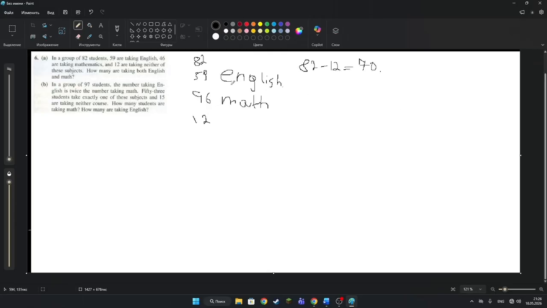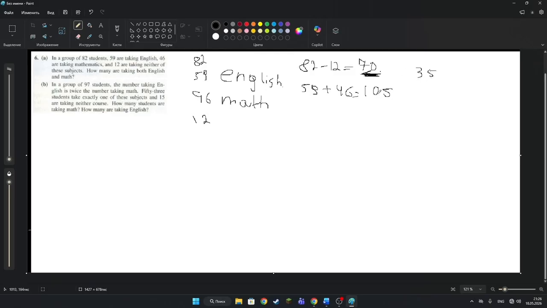If we just add both of them, English and math, 59 plus 46, there are going to be 105 students, but we have only 70 students, so there are 35 students more.